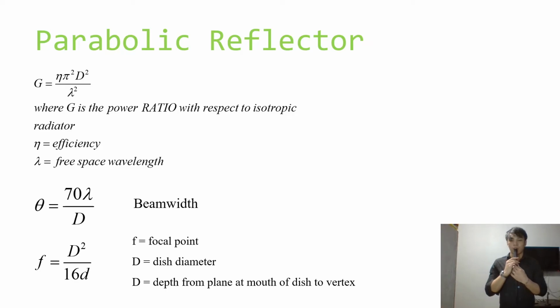The next one is F is equal to D squared over 16d, where F represents focal point. The big D represents the dish diameter, and the smaller d is the depth from the plane at the mouth of the dish to the vertex.